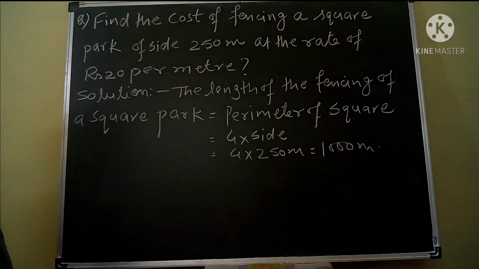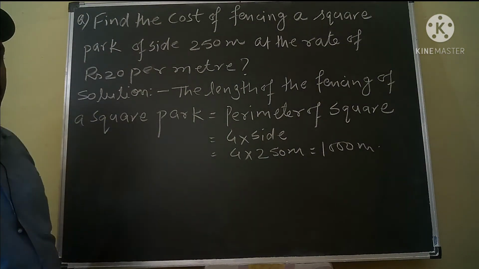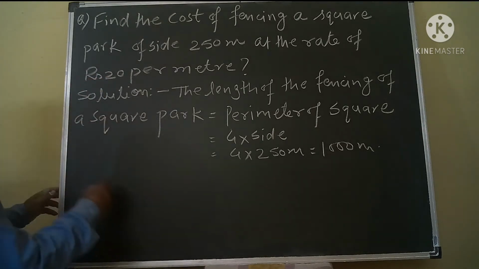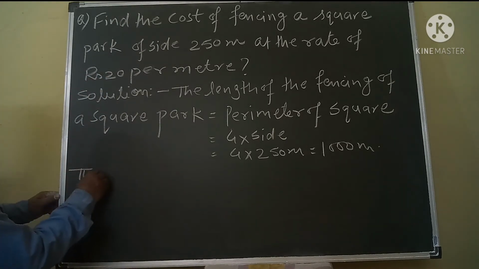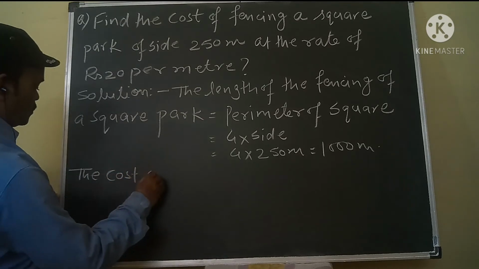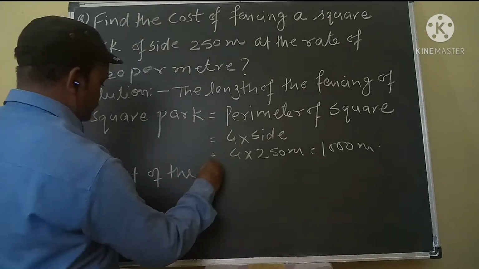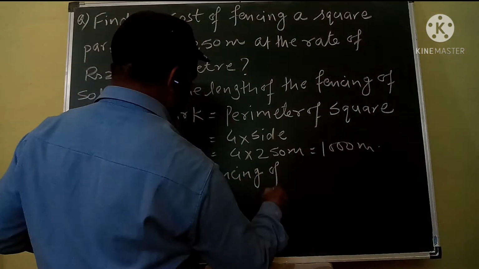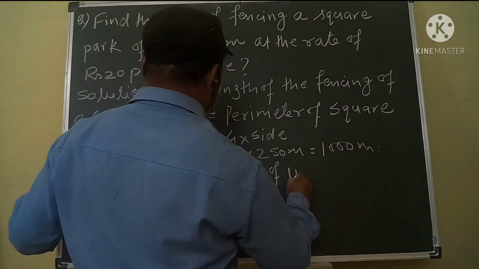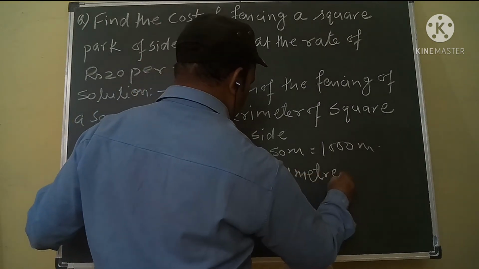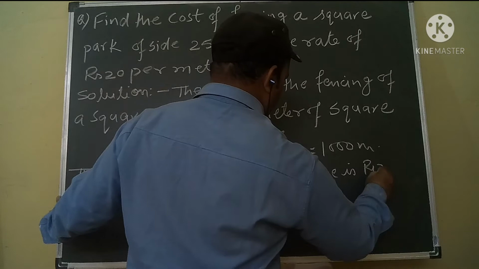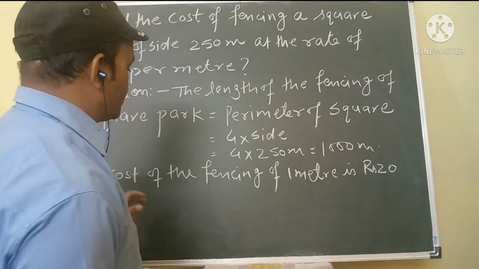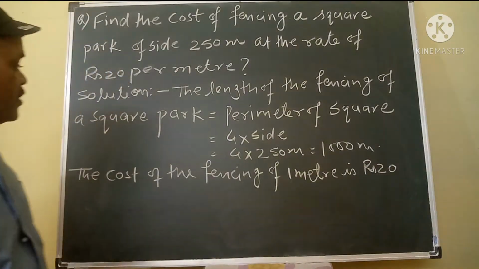Then we will find the cost of the total fencing. The cost of the fencing of 1 meter is rupees 20.